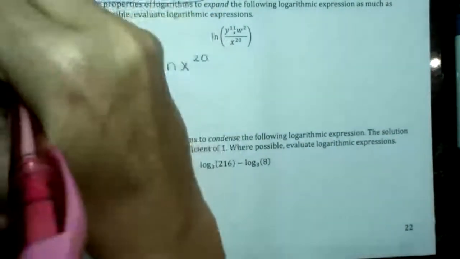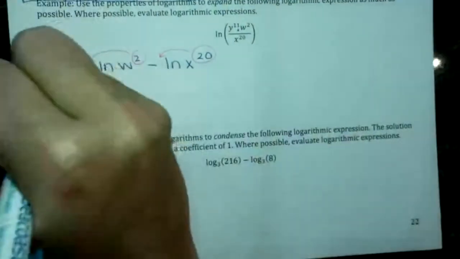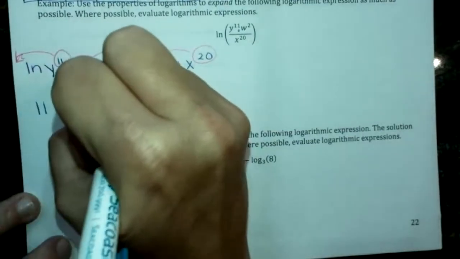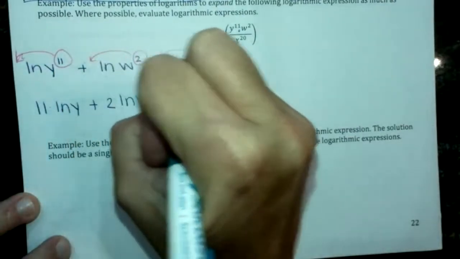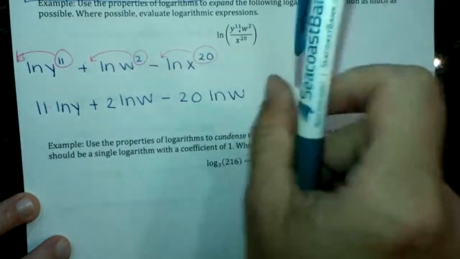Now we know logs bring our exponents down out front, so all of these exponents are coming down out front. So we're left with 11 times the natural log of y plus 2 times the natural log of w minus 20 times the natural log of x.